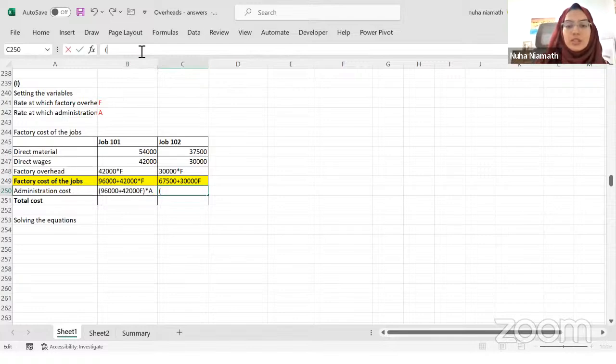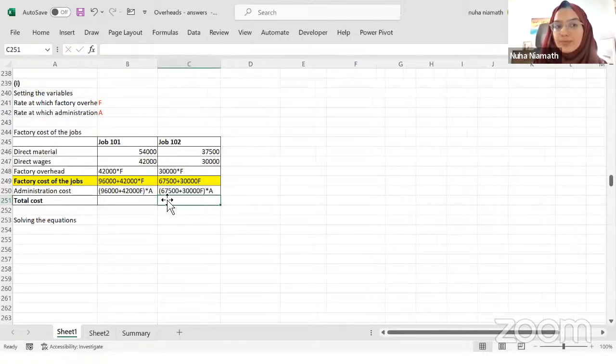This will be 67,500 plus 30,000 F into A. All clear? Any confusion so far?